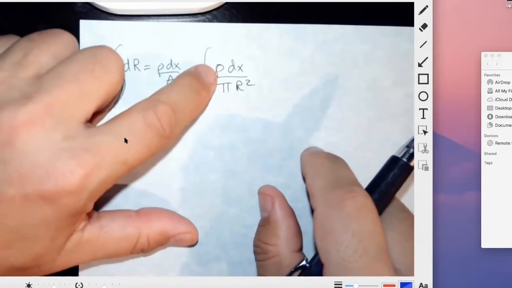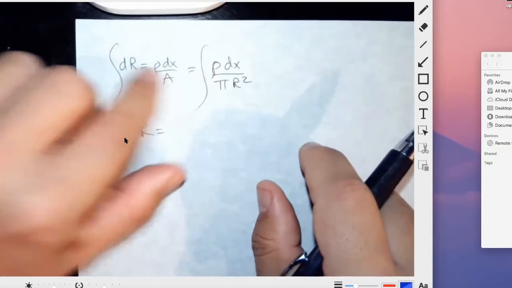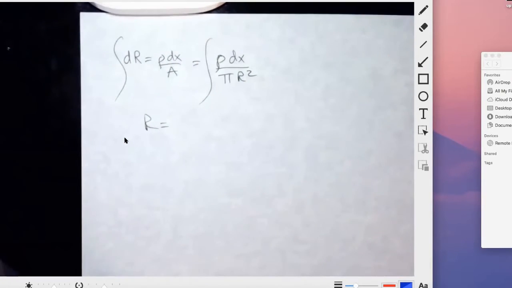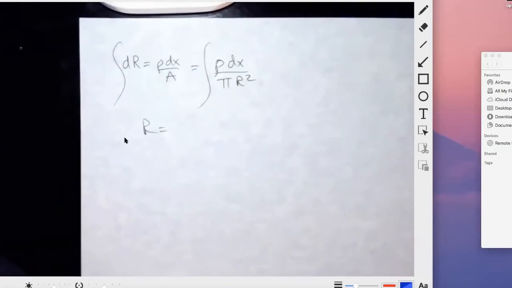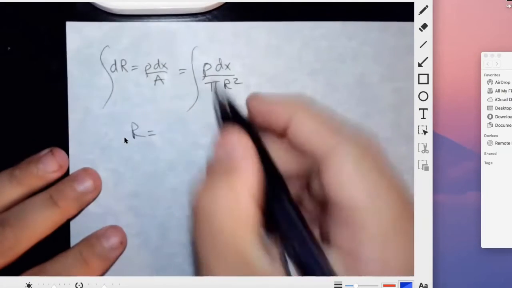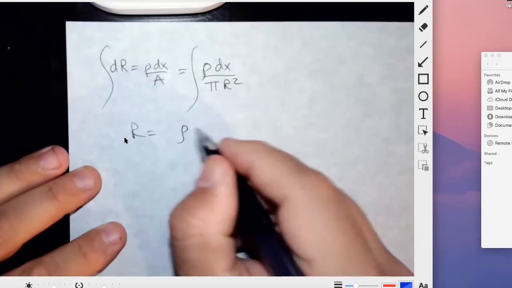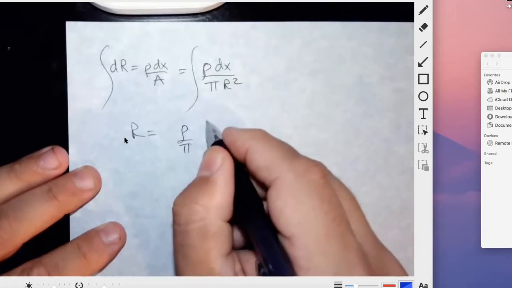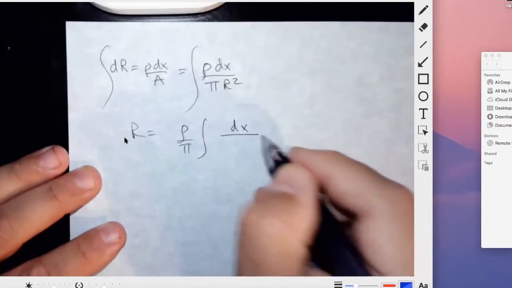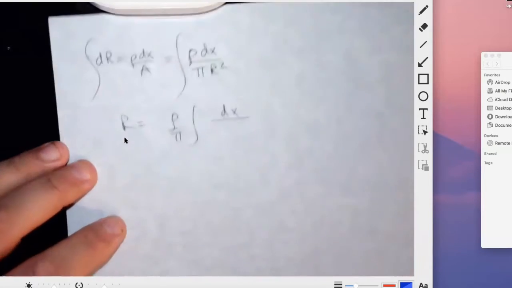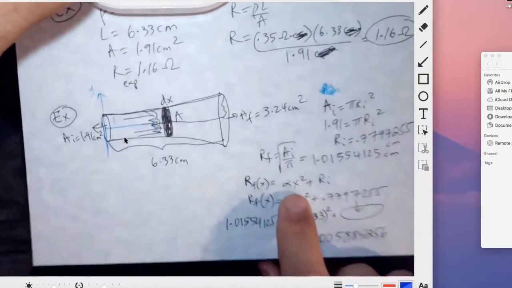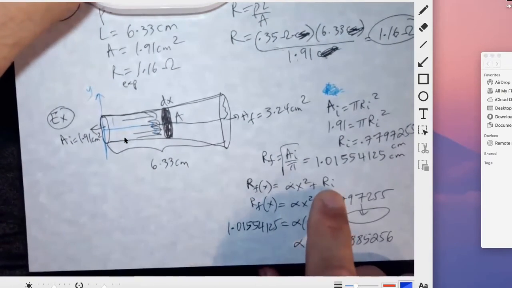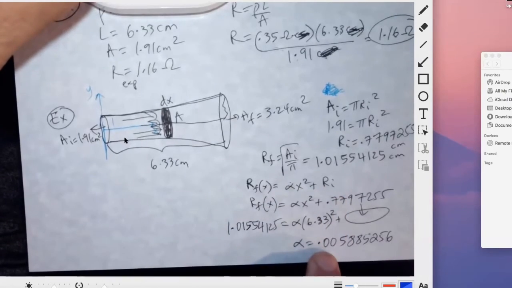And then now integrate that. If the resistivity is constant throughout the length of the wire, for now I'm going to assume that, then I'll change that up also. If the resistivity is constant, then I can take it out of the integral. Then I could say dx over, and then the r is the function that we came up with, this function right here, alpha x squared plus r initial, where alpha was that.